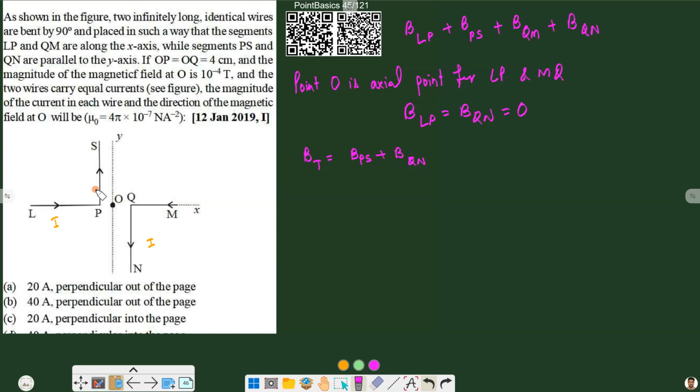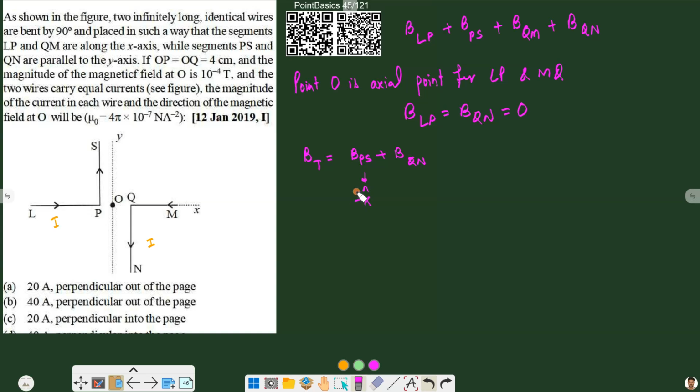Now applying the right hand screw rule, as in the PS, current is going upward. So on PS we have two sides, the left side and the right side. Magnetic field on the right side will be going into the page, so it will be in minus k or negative z direction.